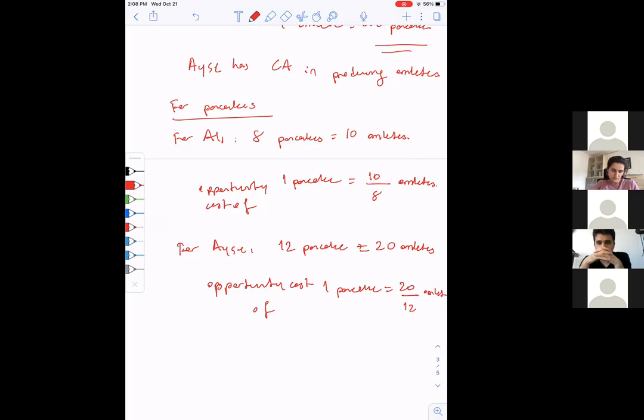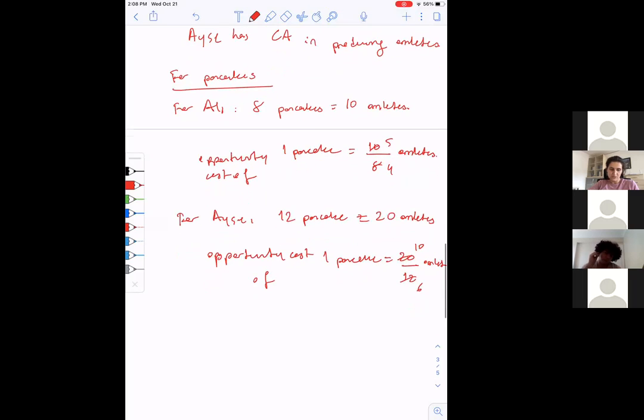So if you divide, which one is higher? Which one is bigger? This is 5/4. This is 10/6. Okay, so this is bigger. So you see that, right? Ali has comparative advantage. It should be this way anyway.